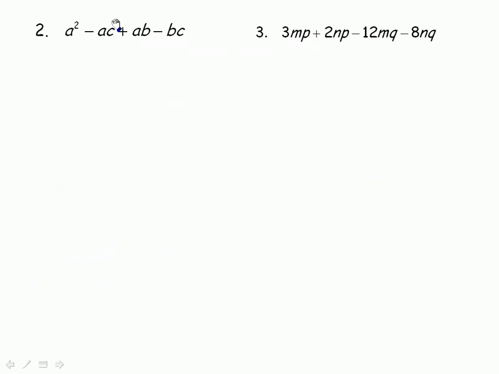So once again, for this first expression, there's no common factor that can be removed from all four. So I'm going to, out of desperation, try a 2 by 2 again. So a squared minus ac, I now factor an a out, and that will leave me with a minus c.